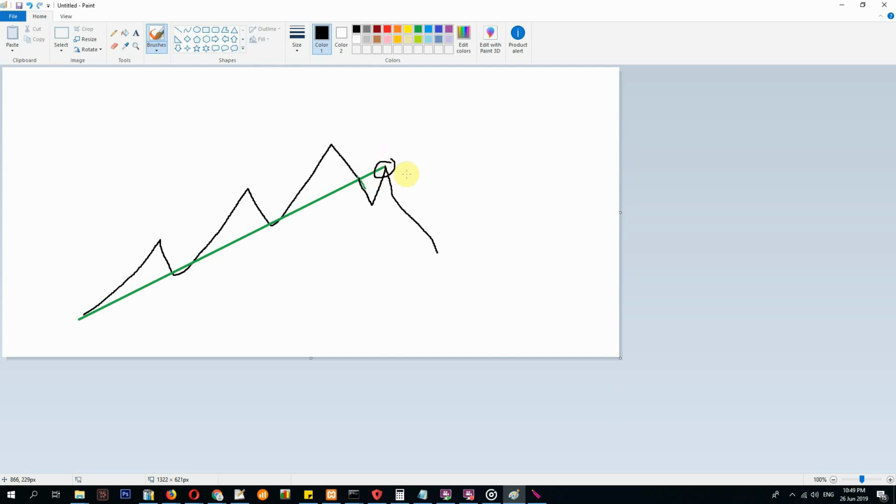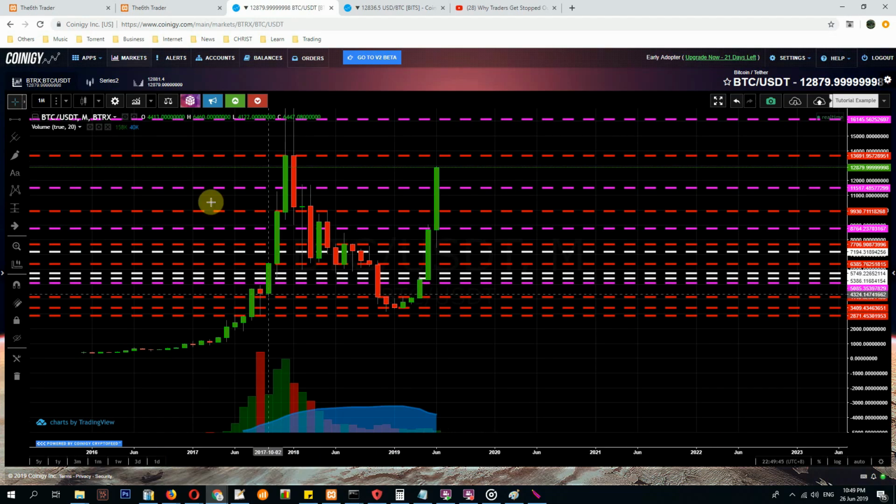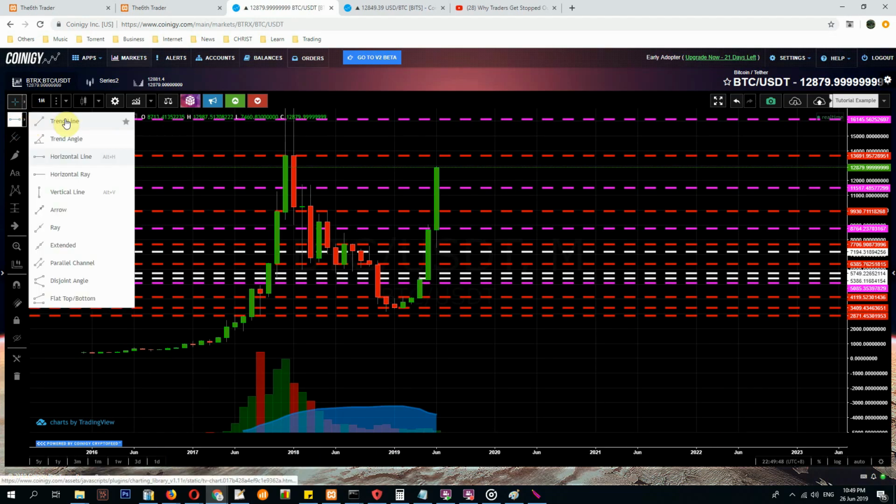Okay, so that's how we look at things for possible outcomes and scenarios: how far the price will go, where it is heading, where it will retrace, etc., based on support and resistance, even on trend lines. This is trend line resistance, right? The red is trend line resistance, the green is trend line support. That is the second type of support and resistance, and you can draw a trend line here.